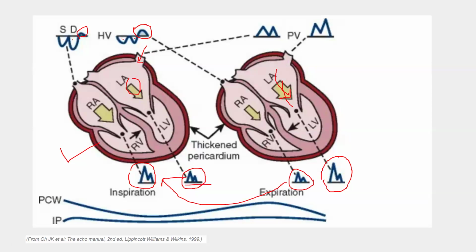This is in inspiration and this is in expiration. Okay? So this describes the interventricular interdependence. Exaggerated interventricular interdependence. So this is how we are going to explain the science and the hemodynamics of constriction.